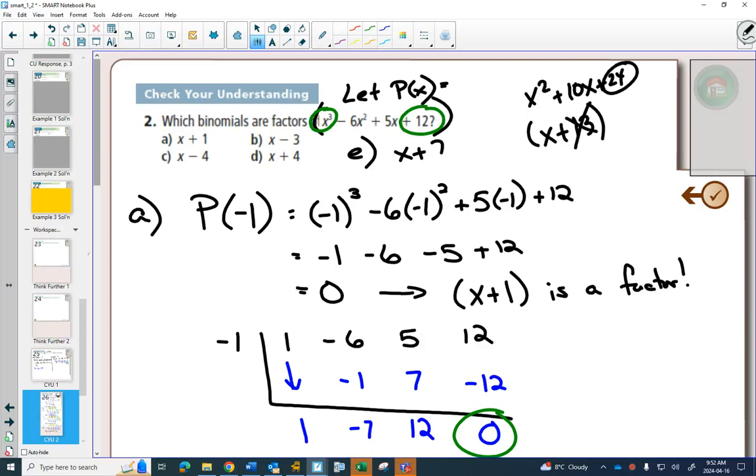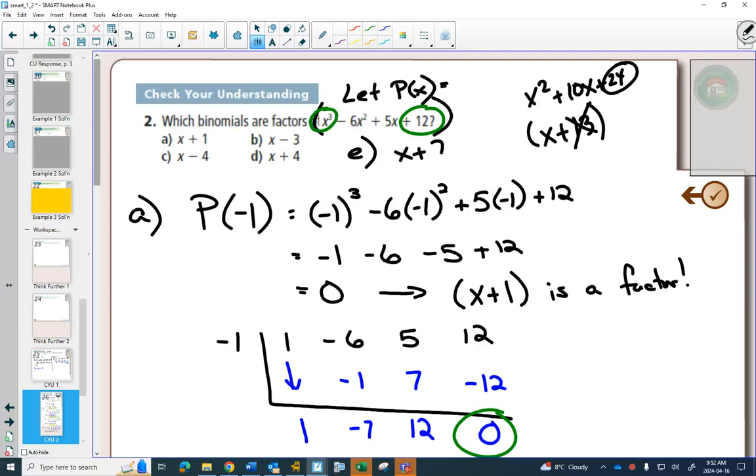And this is going to be our hint for factoring, because we're going to get questions that look like this and say, factor this completely. You would never say, I'm going to start with x plus 7 and see if it works. That's a dumb choice, because 7 never makes 12. What are good choices? 1, 3, 4, 2 would be a good choice.